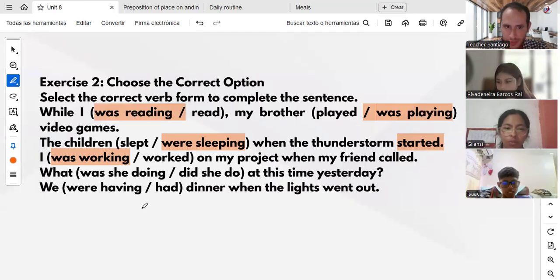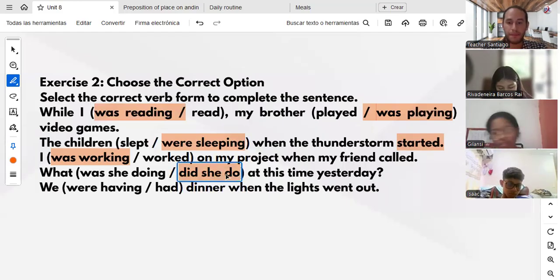What did she do? Okay, good. Notice, I know yesterday I told you that you should use past simple. But in this case, there's a clue that is at this time.